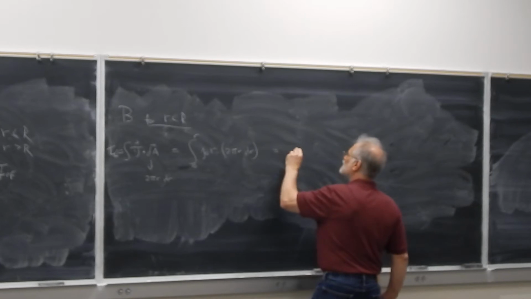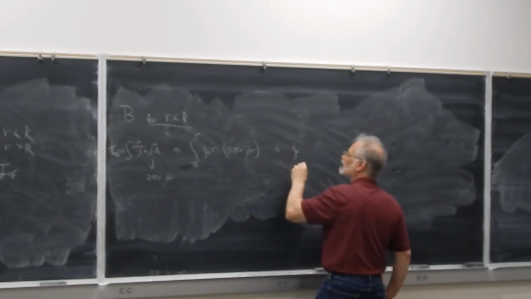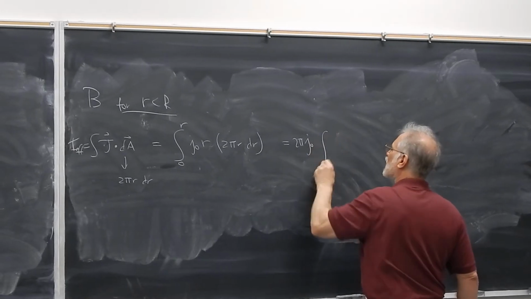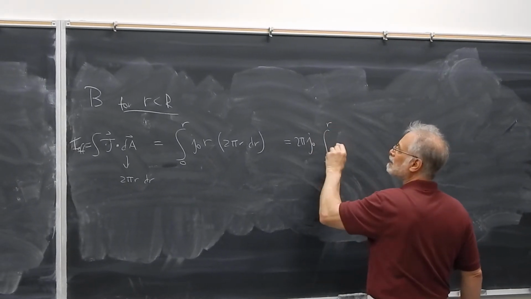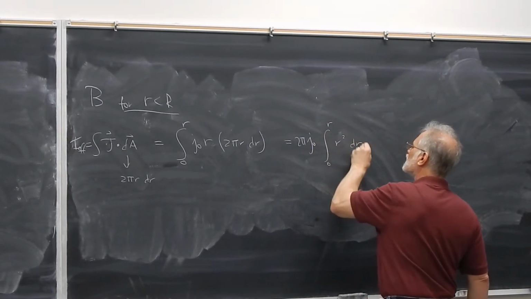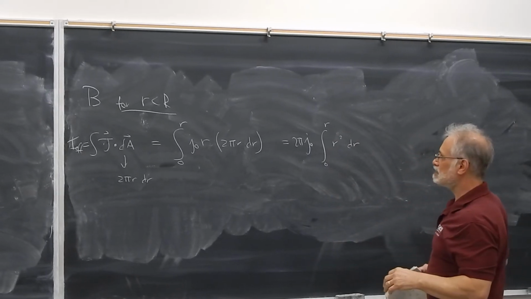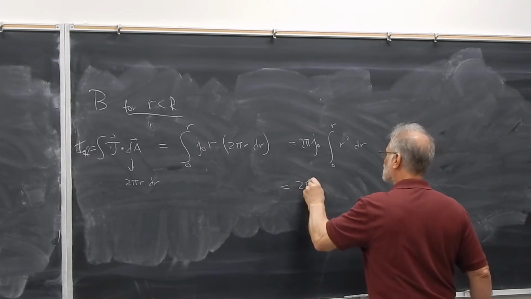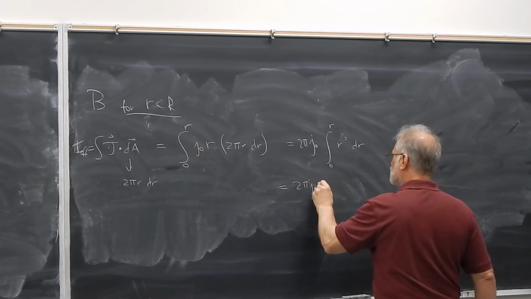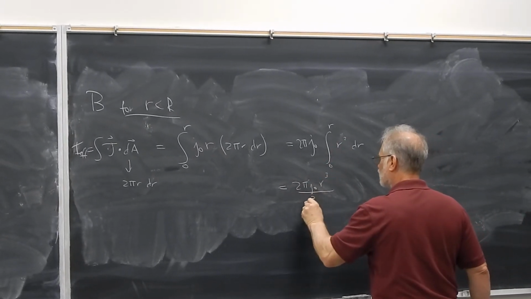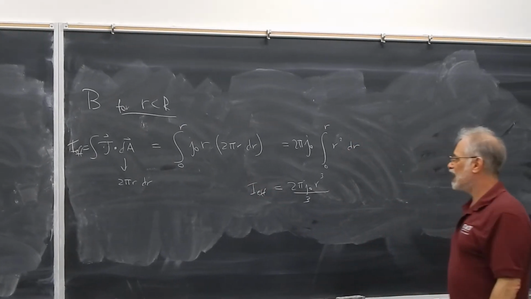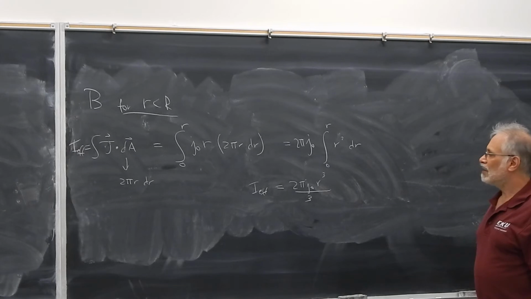So I can write this as J naught, a constant, and 2 pi, a constant, pulled out of the integral, and I'm integrating from 0 to r of r squared dr. This is going to give me 2 pi J naught r cubed over 3. So my effective current is going to be 2 pi J naught r cubed over 3.